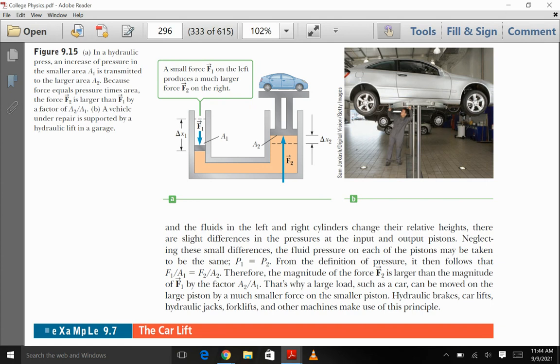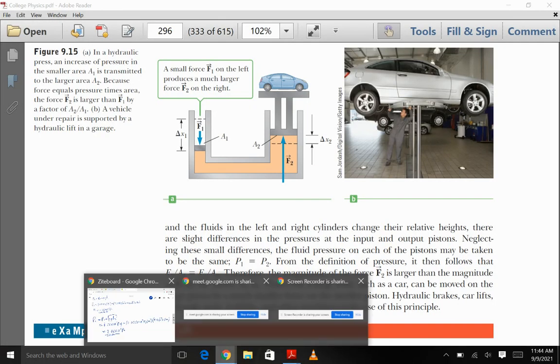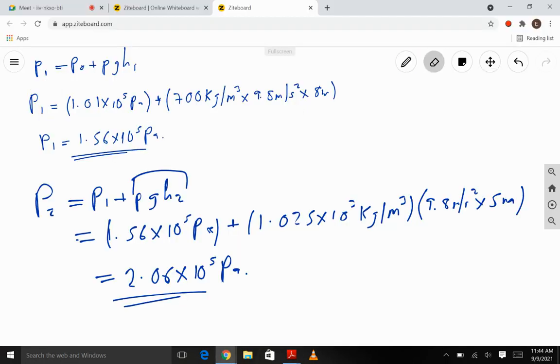Now, this is by a factor of area 2 over area 1. Don't worry, we'll look at an equation just for us to appreciate that. But basically, this is about Pascal's principle.